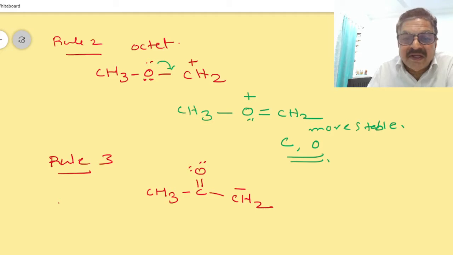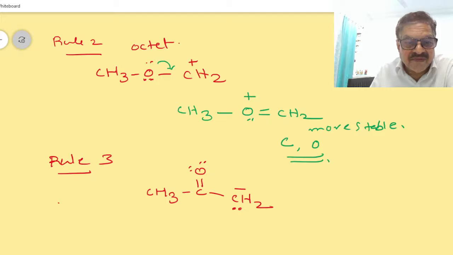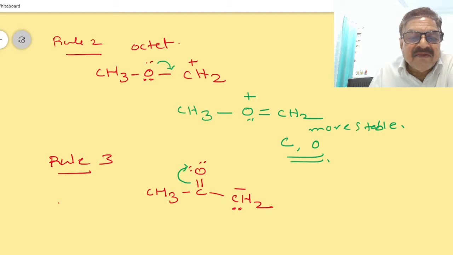Here the negative charge is on carbon, and there are two elements here, carbon and oxygen. Oxygen is more electronegative than carbon, and therefore the negative charge on oxygen will be more stable than on carbon.